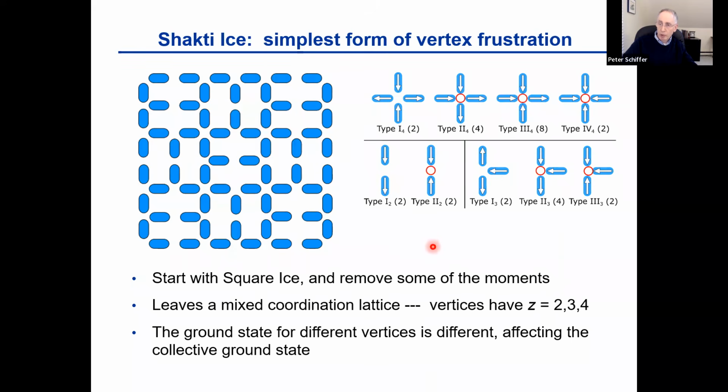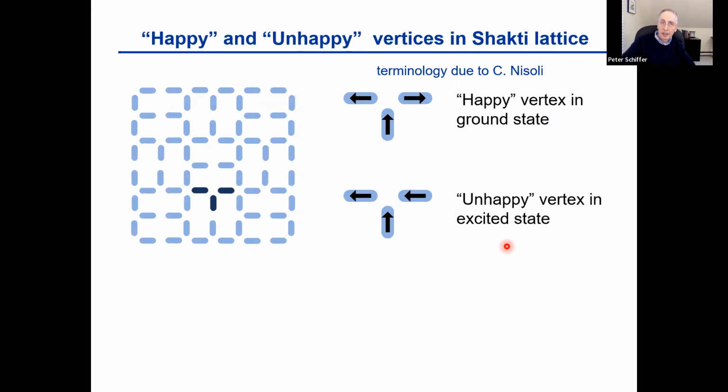If you try to tile it with the equivalent of type 1 vertices from the square lattice, you're going to end up having excitations, shown by this little red circle here, on your 2 island vertices, or forcing those excitations onto the 4 island or 3 island vertices. This is true of all the vertex frustrated lattices I'm going to talk about. Now, Cristiano has a way with words.